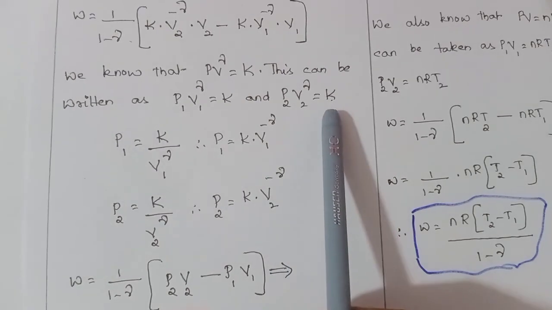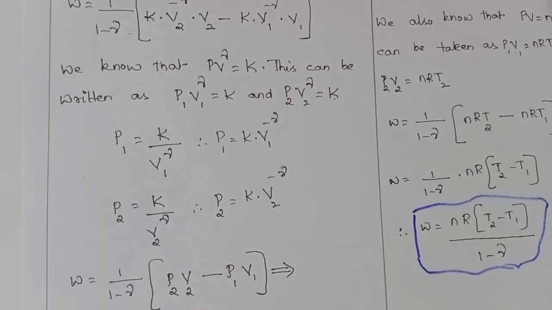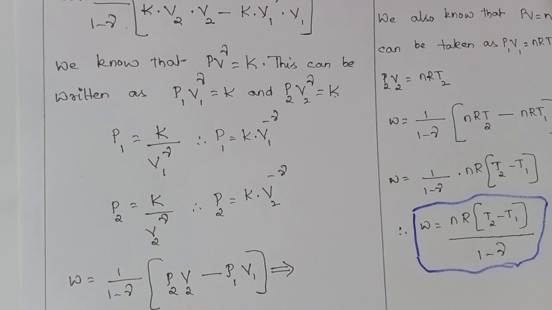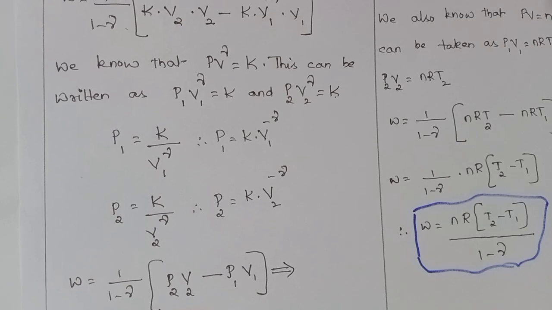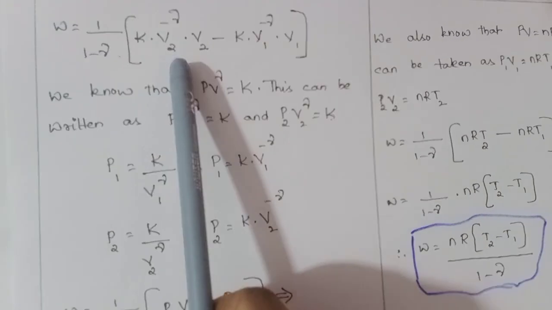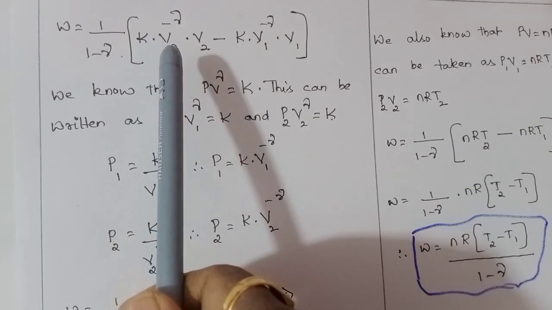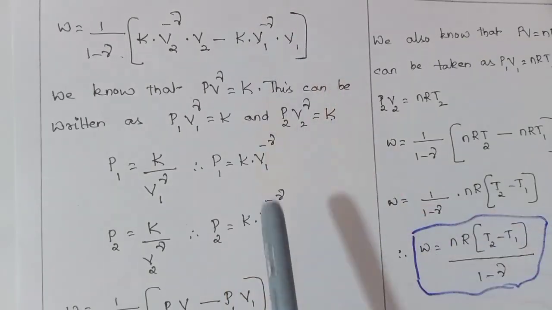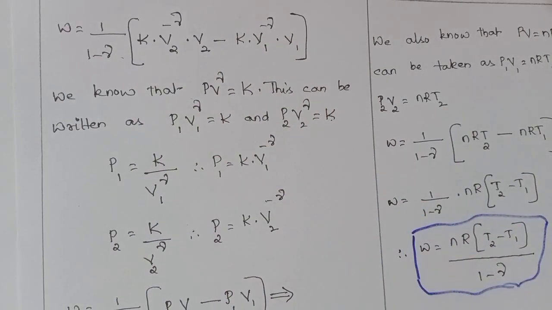Where from here, P2 is equal to k upon V2 to the power gamma, which is equal to k into V2 to the power minus gamma. Okay. So now look at this above equation. k into V2 to the power minus gamma is now P2. k into V1 to the power minus gamma is P1. Shall we substitute there?